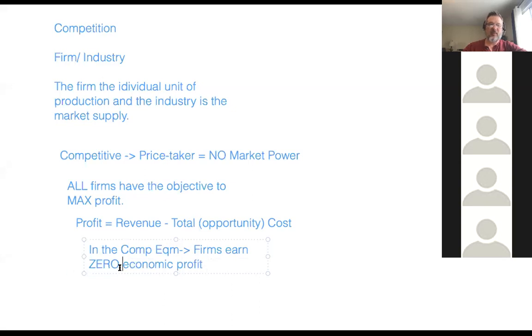And I'll even put the economic in parentheses, because it's often left out.